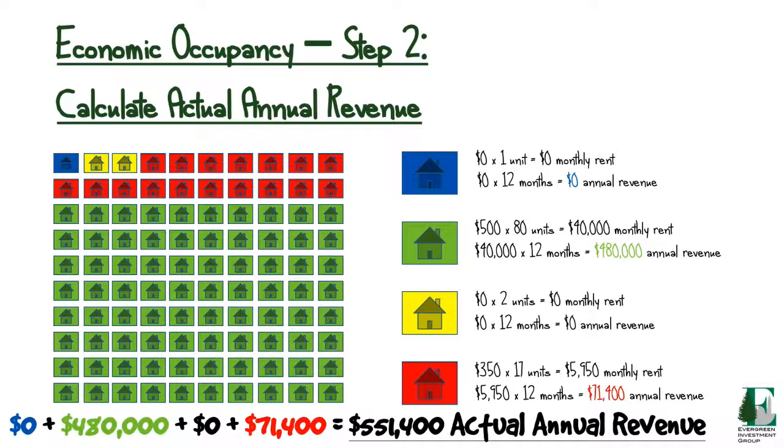So we take $0 from the model unit, $480,000 from the market rate units, $0 from the property manager units, and $71,400 from the underperforming units. We add those all together, and it totals up to $551,400 in actual annual revenue.